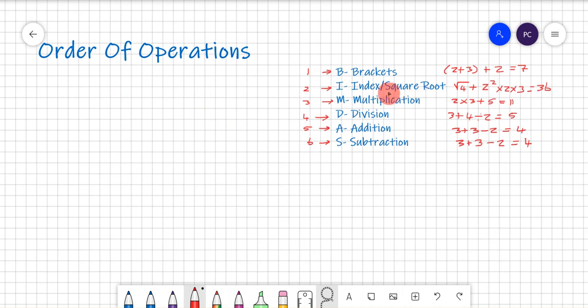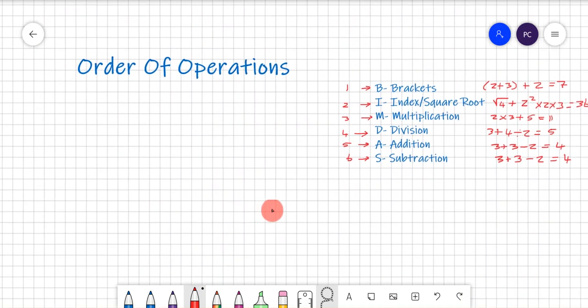So these are the different kinds of operations. You have brackets, so this is an example of brackets. Indexes and square roots: this is a square root and this is an index or a power. Multiplication is this sign here. Division is this. Addition is this. And subtraction is this.